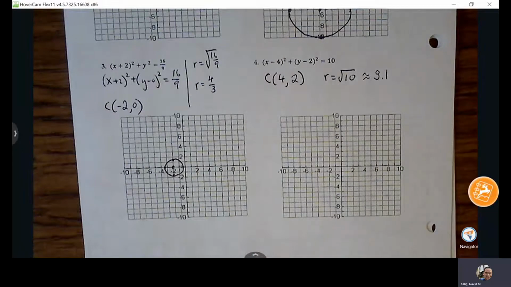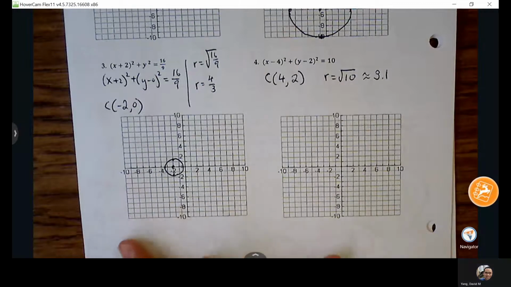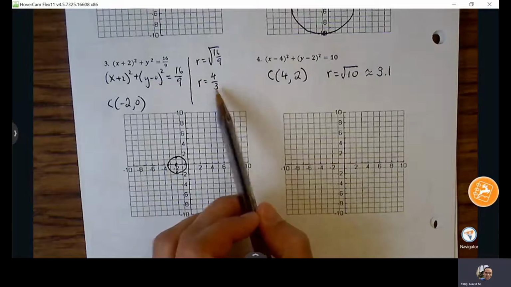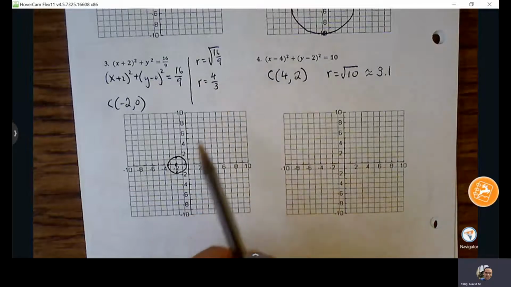Okay, everybody good with 1 and 2? Four thirds is just 1 1/3, so you know it's just going to be a little bit more than 1 unit.